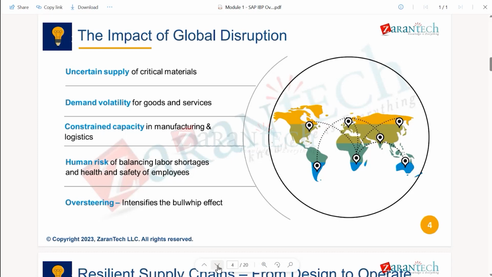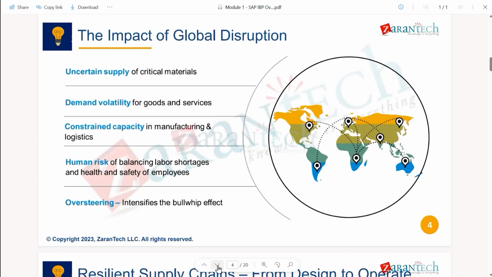Also during the COVID time, the aerospace industry was heavily impacted because all the travel restrictions were imposed, so nobody was allowed to travel. So entire organizations and various industries had faced a lot of issues during the COVID time.